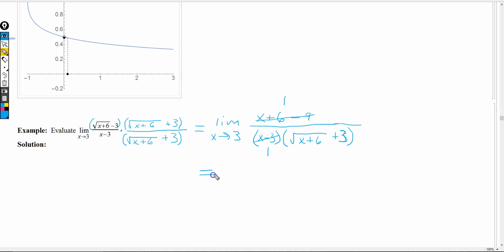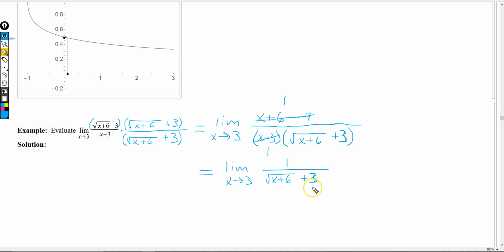So you end up with the limit as x approaches 3 of 1 divided by root x plus 6 plus 3. Now we can plug this 3 in for the x right here.